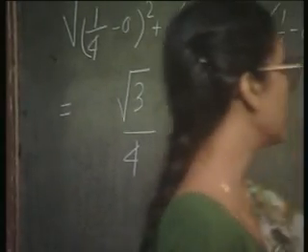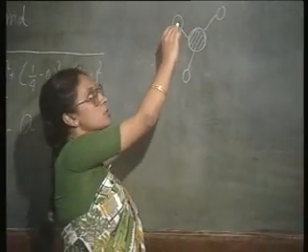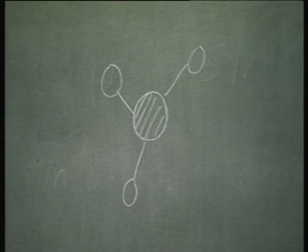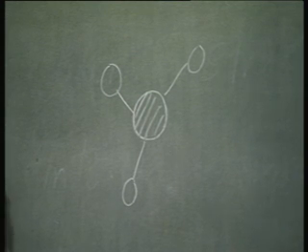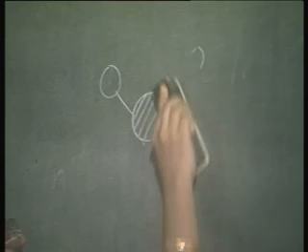So, essentially I have a situation, this is my blue ball, this is one of the nearest neighbors. How close can I place them? When they are touching each other, right? The closest possible positioning will be when they are touching each other. So, let us forget about all the other neighboring atoms and concentrate on only one.